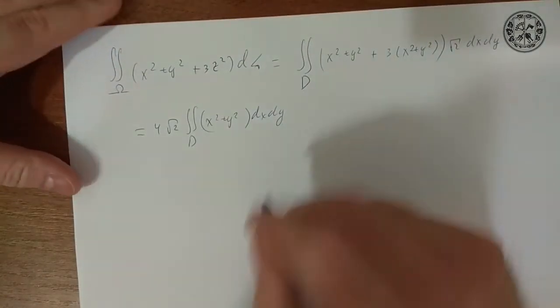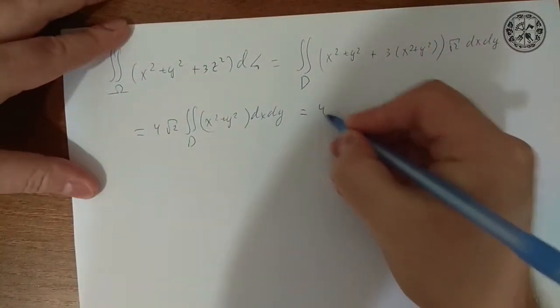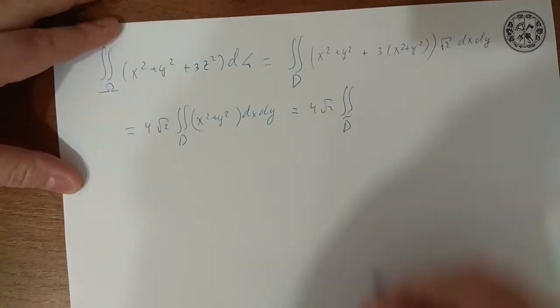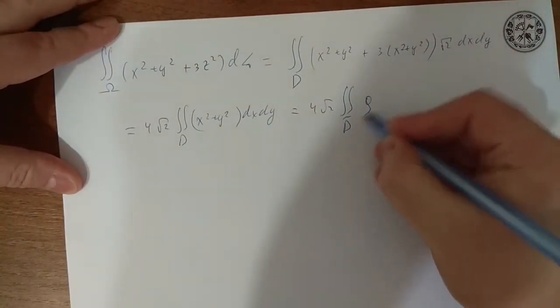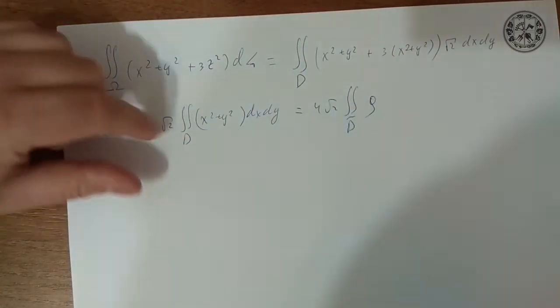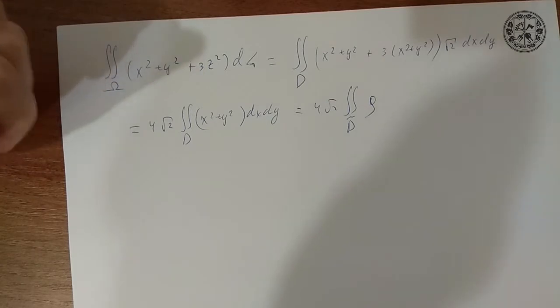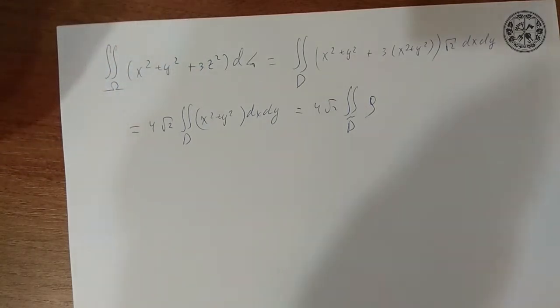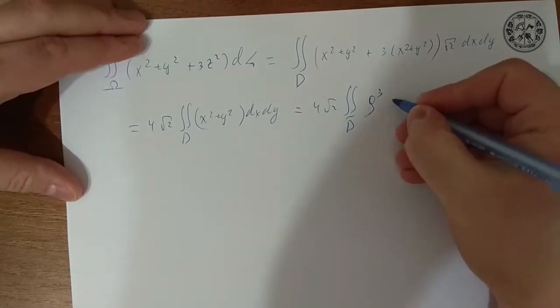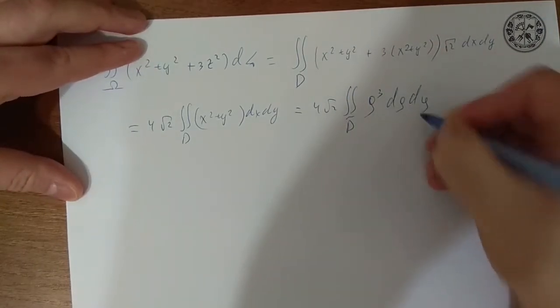If we switch to polar coordinates, we get 4 square root of 2 times the integral over D with a wave. In rho, we have x squared plus y squared as rho squared, and multiplied by the Jacobian determinant rho, we get rho cubed d rho d phi.